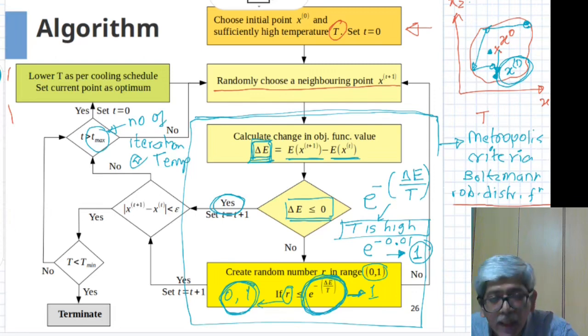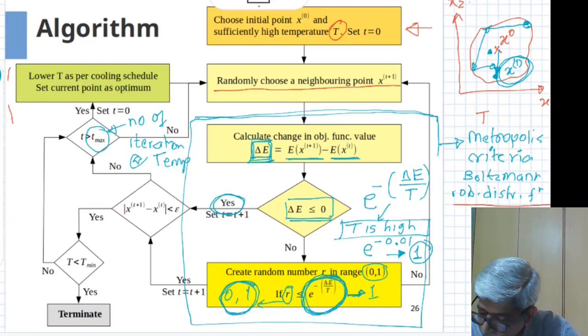So at a specific temperature, let's say if Tmax is 50, Tmax will always remain 50. So for the first run, you will check 50 times. You will choose 50 different points, and at the 50th run, whatever point you are getting will be treated as the minimum point.